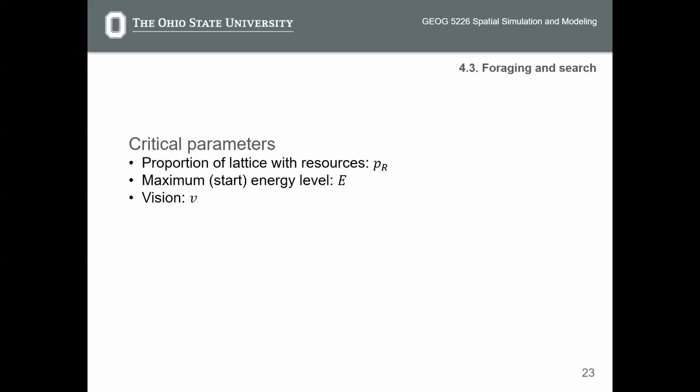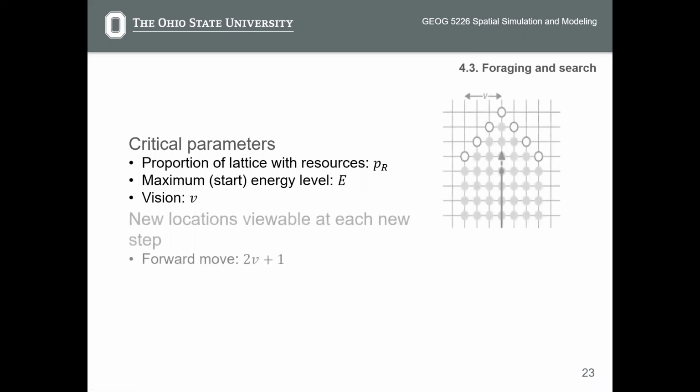The remaining 90% of the lattice does not have resources. Okay, and the maximum or start energy level is E. We have talked about this. This is the max energy level that the walker has. At each step, 1 unit will be consumed. And also, we need to define a vision, which is V.